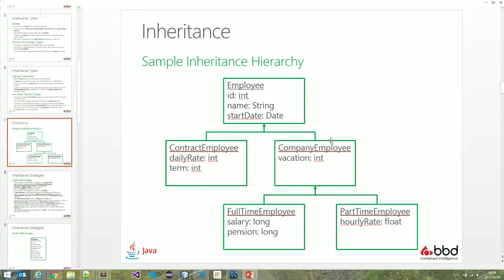For the mapped superclass, you might have something like a company employee class in the middle here. The main thing with the mapped superclass is it contains state and behavior, but it doesn't get persisted or have its own table. So you're never going to see a company employee table in your database. But full-time employee and part-time employee are going to inherit that vacation field, and persist it in their tables.